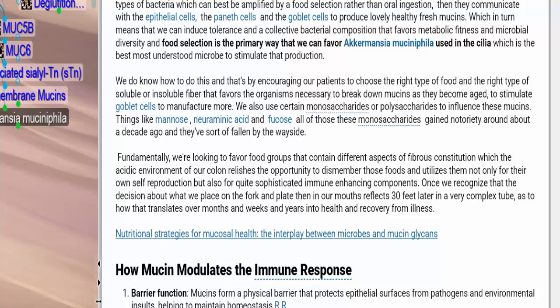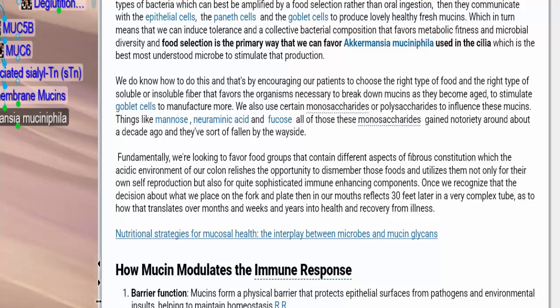Fundamentally, we're looking to favor food groups that contain different aspects of fibrous constitution, which the acidic environment of our colon relishes the opportunity to dismember, and utilizes them not only for their own self-reproduction, but for sophisticated immune-enhancing components.